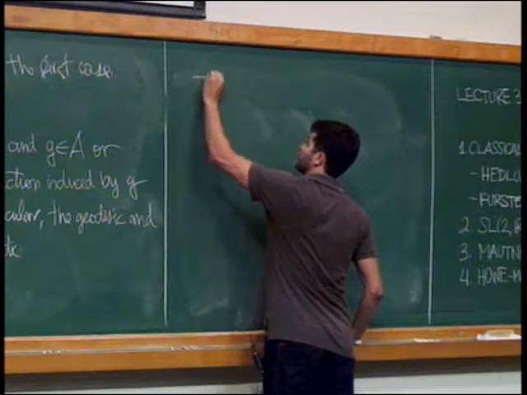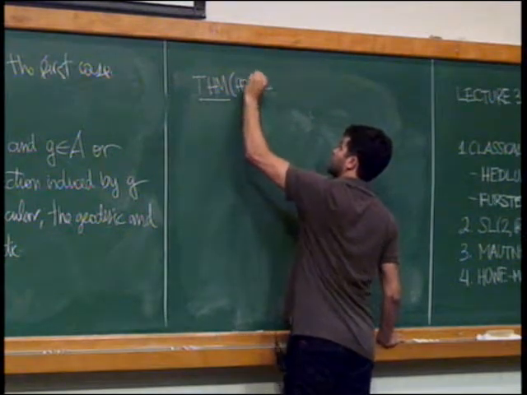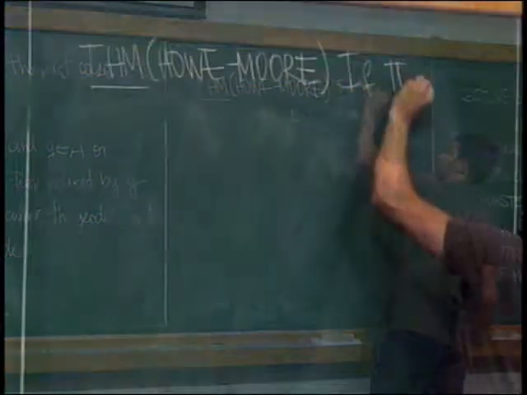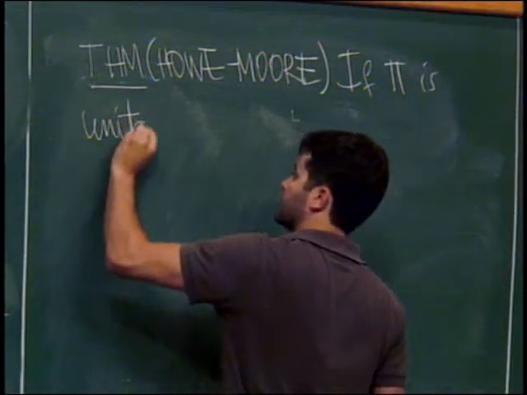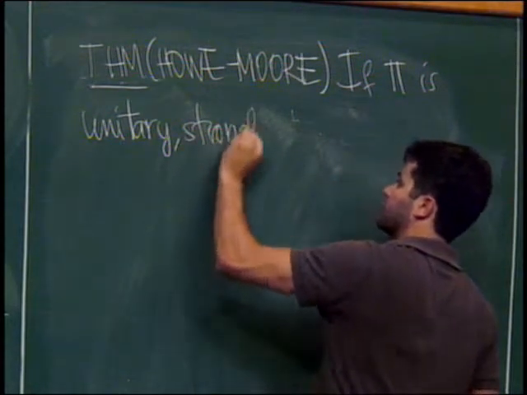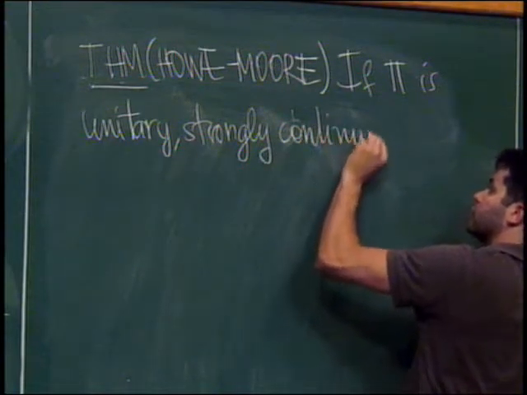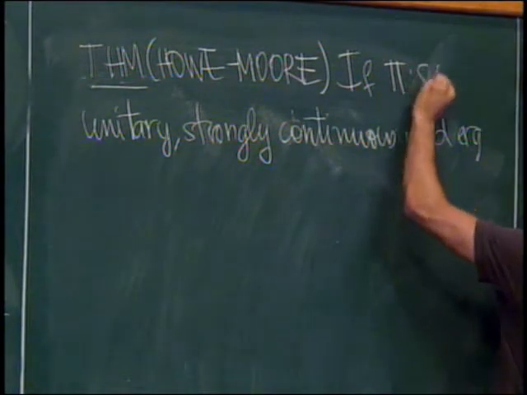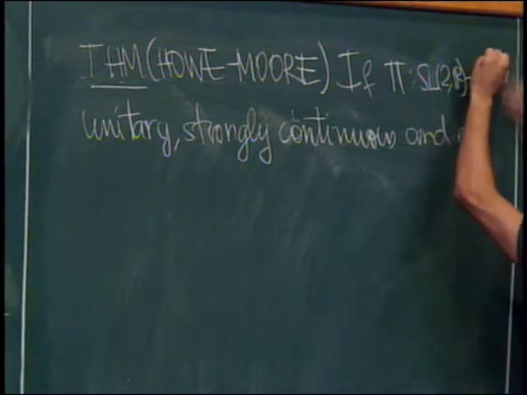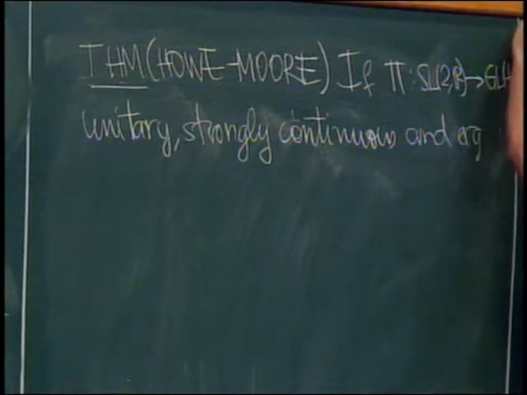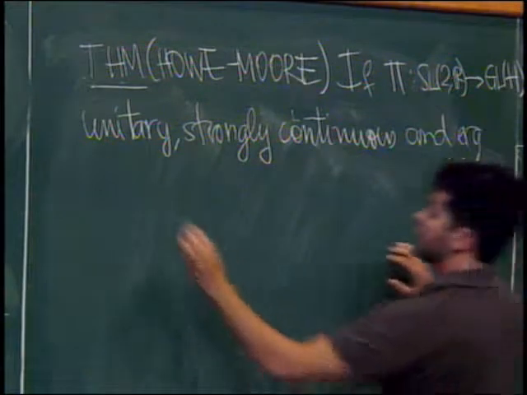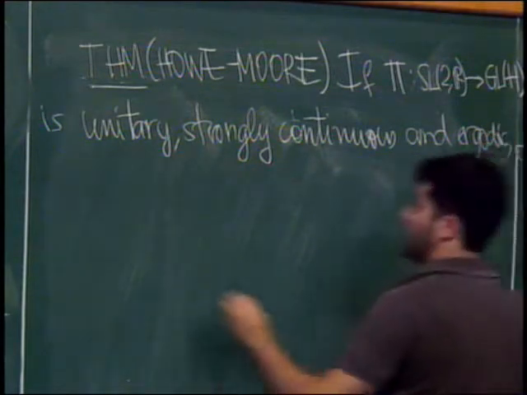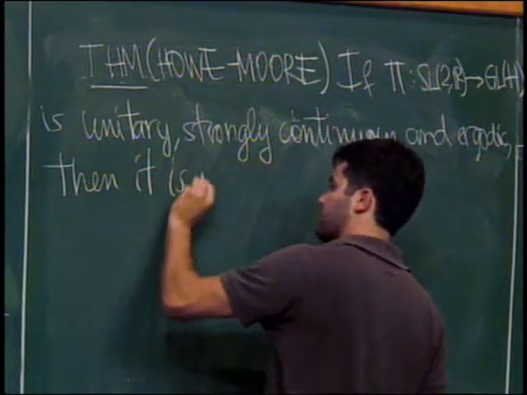The statement of Howe-Moore is that if pi is unitary, strongly continuous, and ergodic, and actually this pi should be a representation of SL2R, then it is mixing.